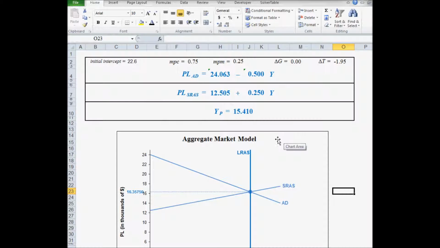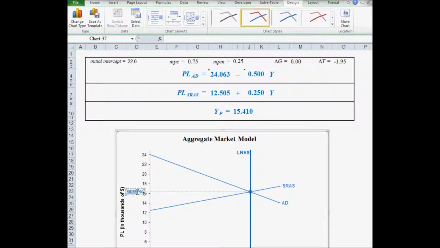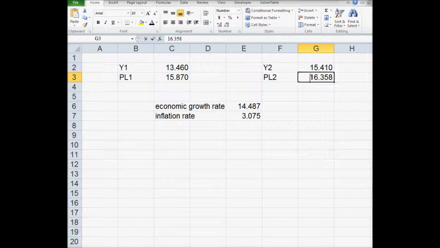In scenario B, the price level is actually 16.3575. So if I use four-digit decimal accuracy on the price level, the inflation rate drops to 3.072, which is why I changed it. So the moral of that story is to use as many decimal places as possible on intermediate calculations.